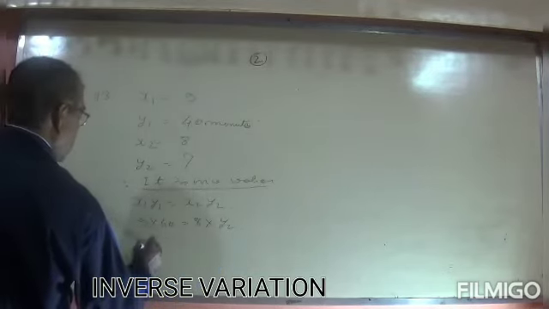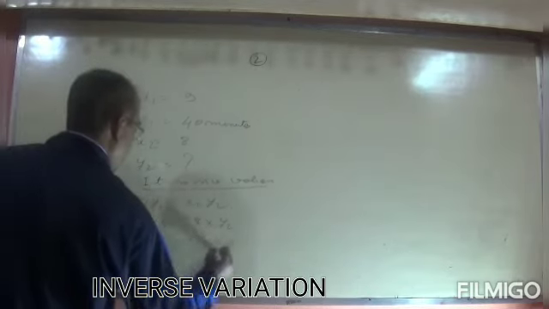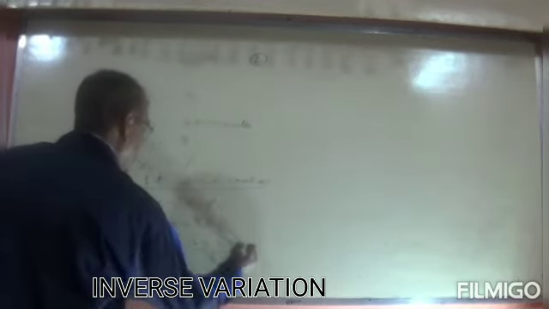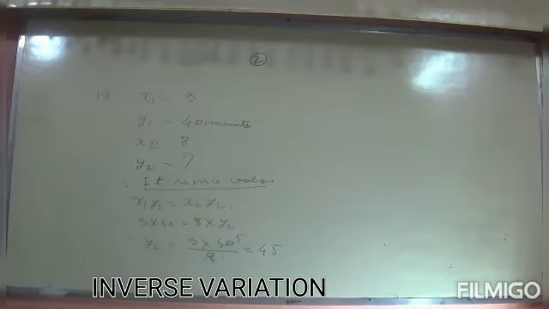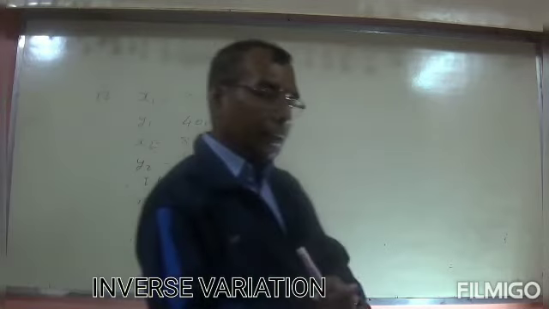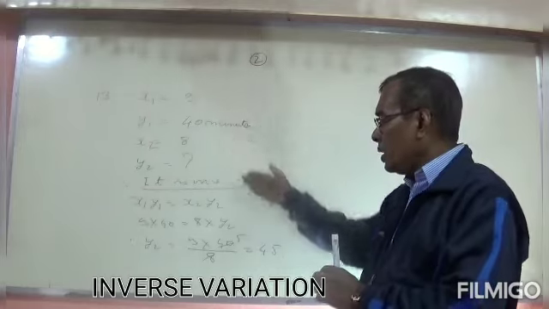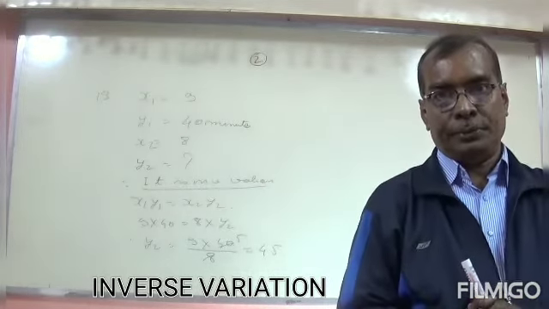So therefore y2 will be equal to 9 into 40 by 8. So 8 5s are 40, 9 5s are 45. If the total number of periods is less, then the duration of each class will be more. Previously it was 40 minutes, now it will be 45 minutes for each class.